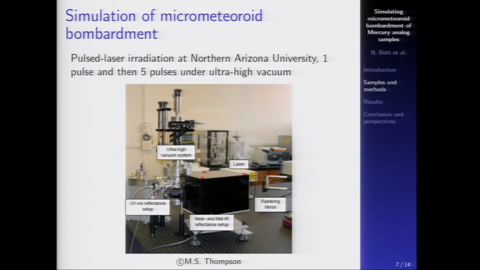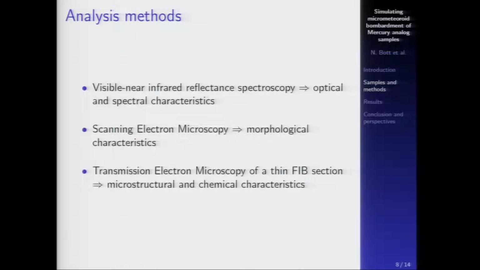As I said, we simulate the micrometeorite bombardment. So how do we do that? We irradiate the samples with laser pulses at Northern Arizona University, and we did first 1 pulse and then 5 pulses under ultra-high vacuum. This is a picture of the setup used to irradiate the samples. About the methods, we are going from the less destructive methods to the more destructive methods.